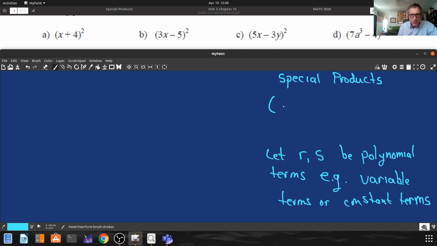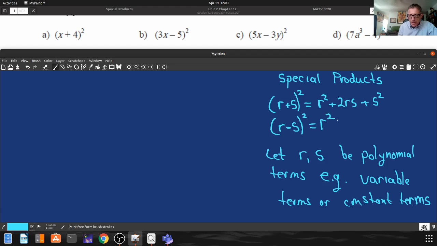So I'm going to give you a formula. R plus S squared is equal to R squared plus 2RS plus S squared. And the second formula is very similar to the first, and both of these should be memorized. Pretty much you memorize one and you've got the other, because the only difference is the minus sign.